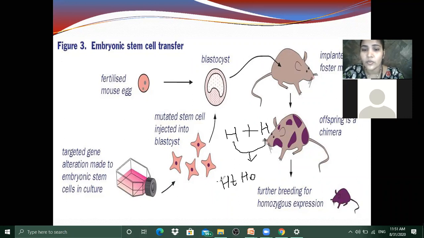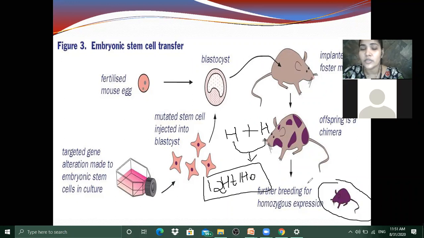I'll be getting two heterozygous, one homozygous. So I can get a combination of homozygous mice. When I'm saying homozygous, that means homozygous for the expression that I'm looking for, the homozygous for the targeted gene alteration that I have done.